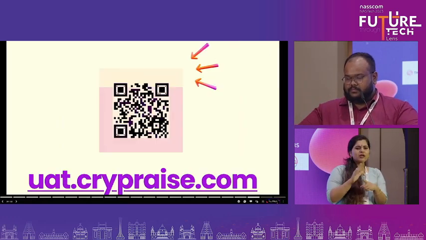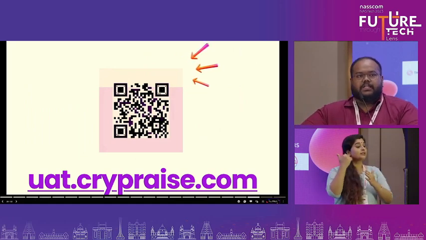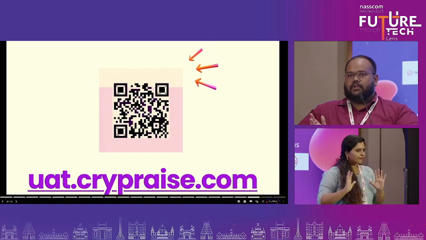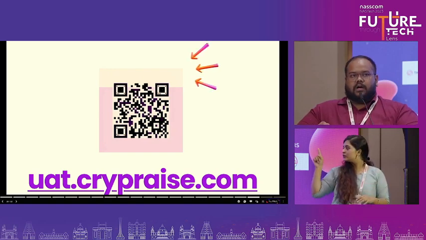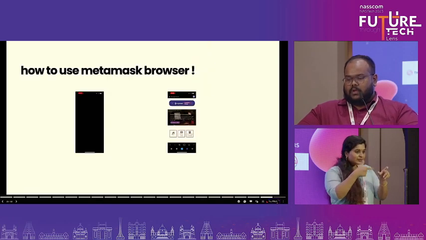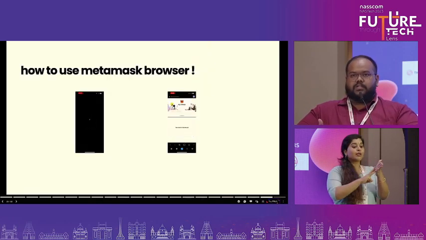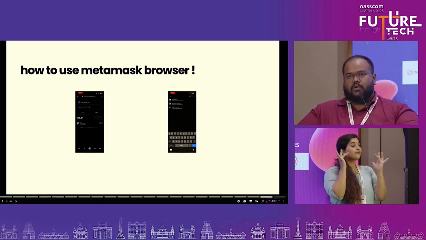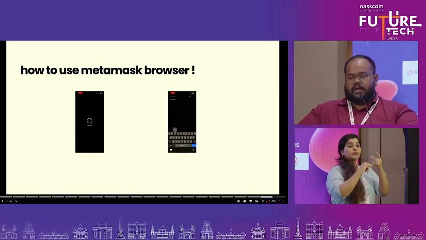Okay. Now, time for the interaction bit. I hope a couple of you at least have installed the MetaMask application. What you need to do is go to MetaMask, which is actually a web browser. In the MetaMask web browser, you can go to uat.cryptrace.com and interact with the Cryptrace platform.